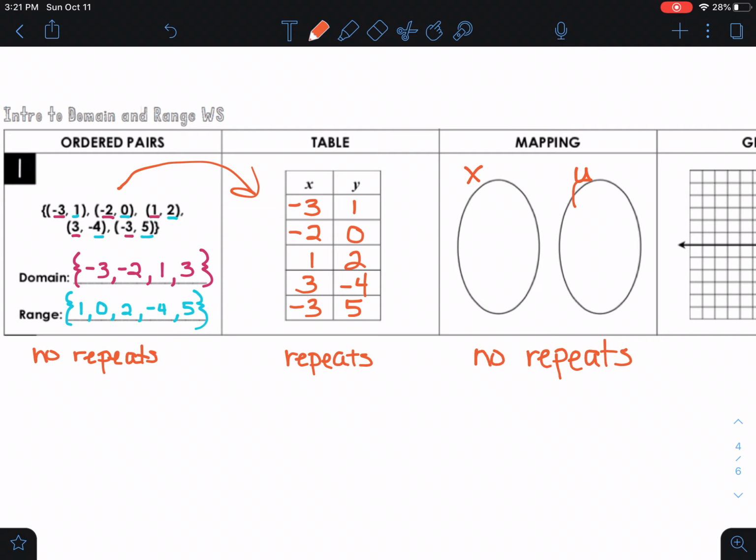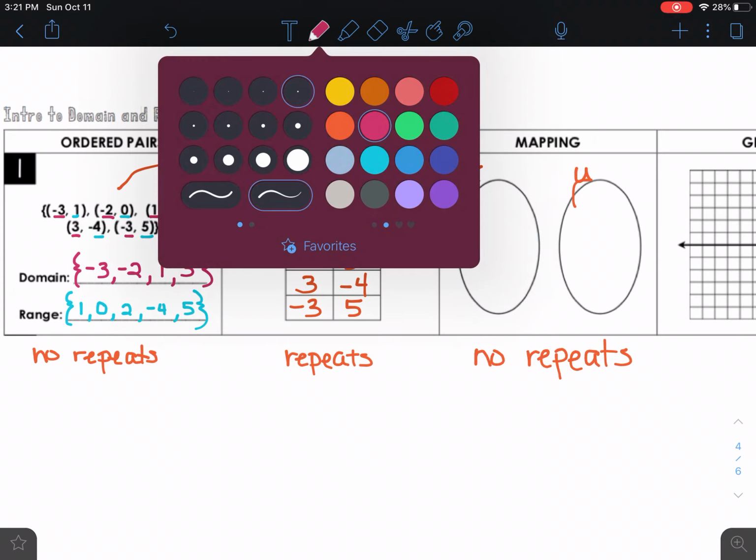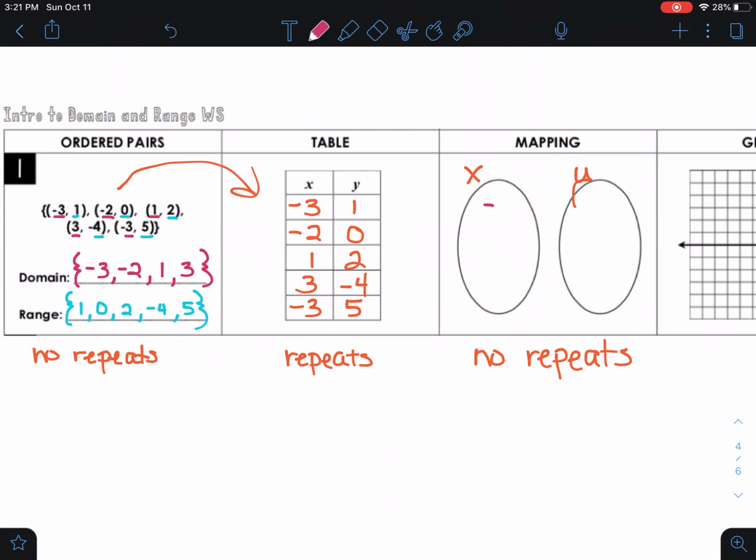So essentially, I'm going to just copy my domain and range and put them into these two circles. So my domain, again, no repeats, so I can just look at my domain, which is -3, -2, 1, and 3.